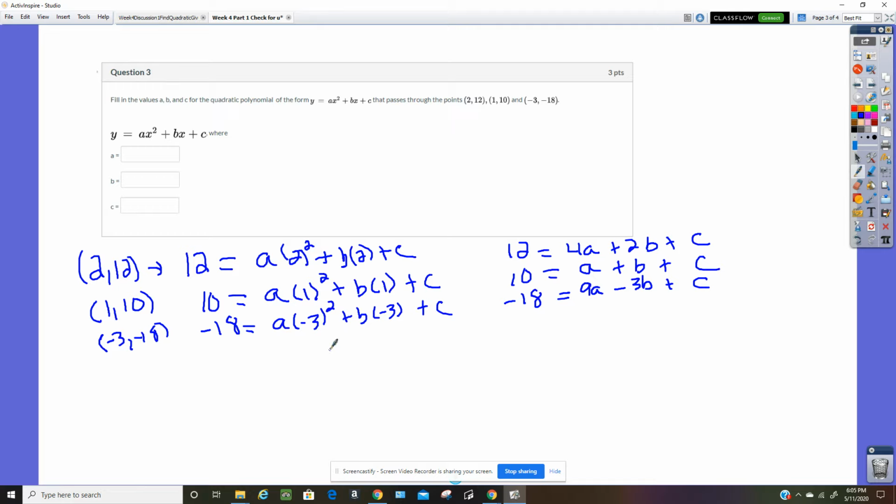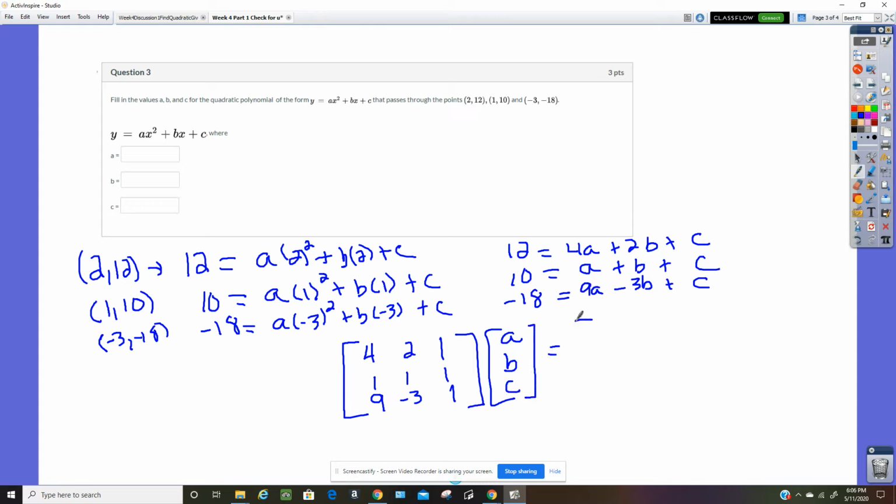And then changing that to a matrix equation is 4, 2, 1, 1, 1, 1, and 9, negative 3, 1. And I have the variables a, b, c, and that's going to equal 12, 10, negative 18.